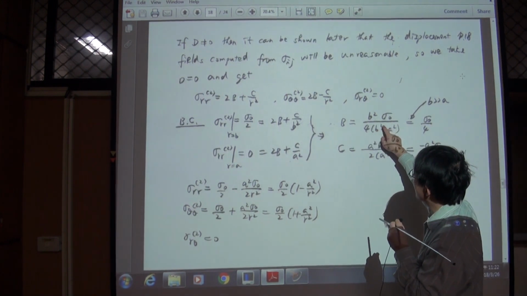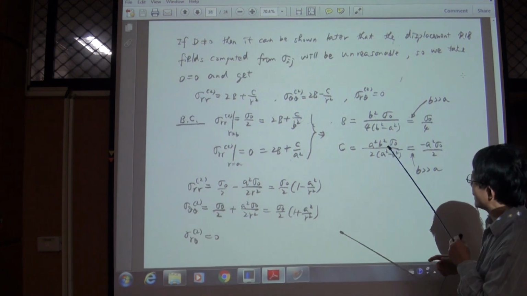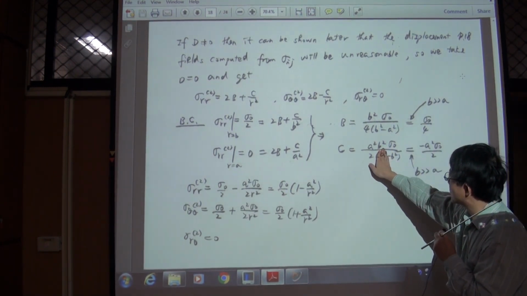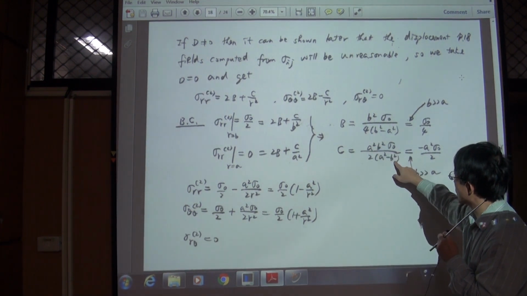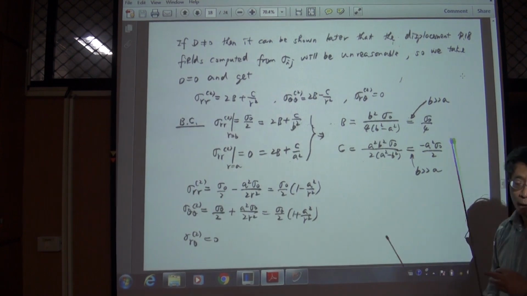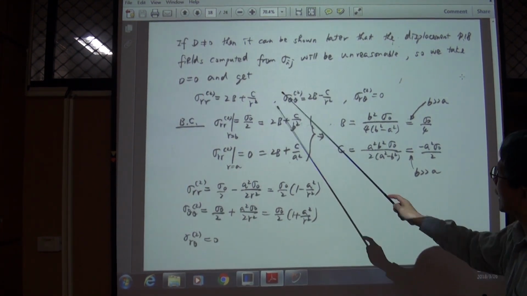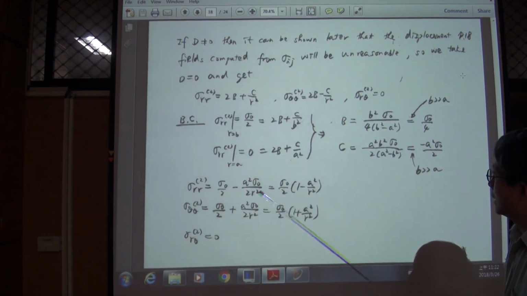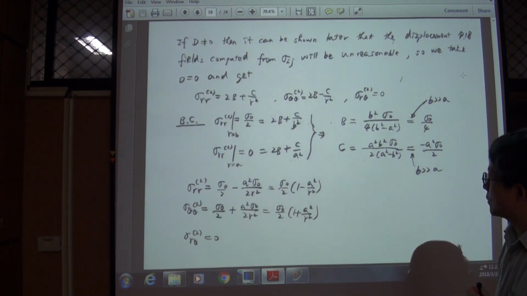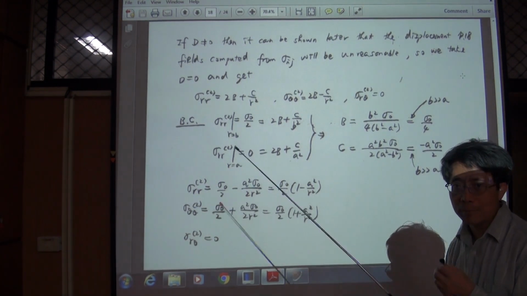We have only this term, so this term and this term drop out to get this one. In the same way, here, this term can be replaced by minus b squared only. So this term drops out, okay, to get this term. So we have B, C, to take it back here, to get this one equal to this one. So finally, we get the stress field for the second problem.